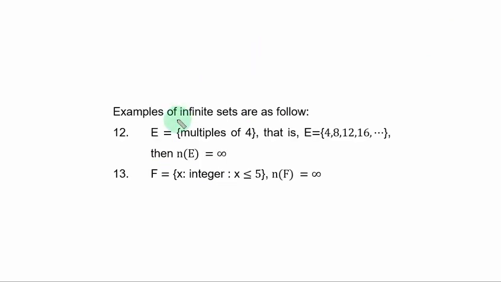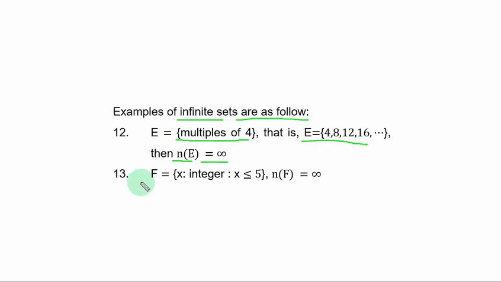Examples of infinite sets are as follow. Number 12, set E equal to multiples of 4. If you are asked to list all the numbers that 4 can divide, the list is endless. So it is an infinite set. The number of elements in set E is equal to infinity, no end.